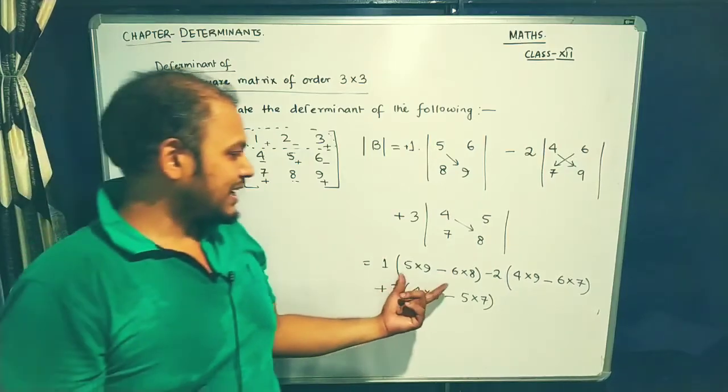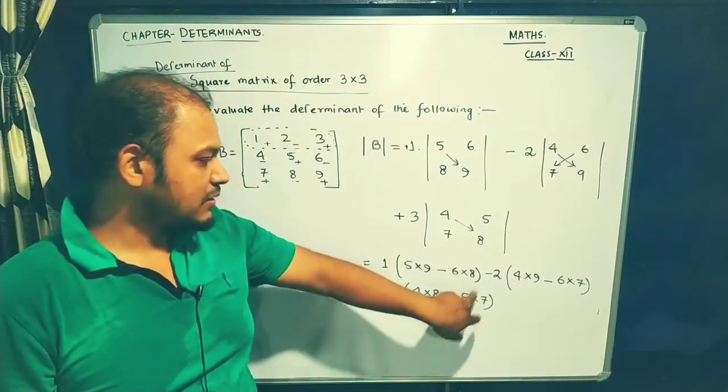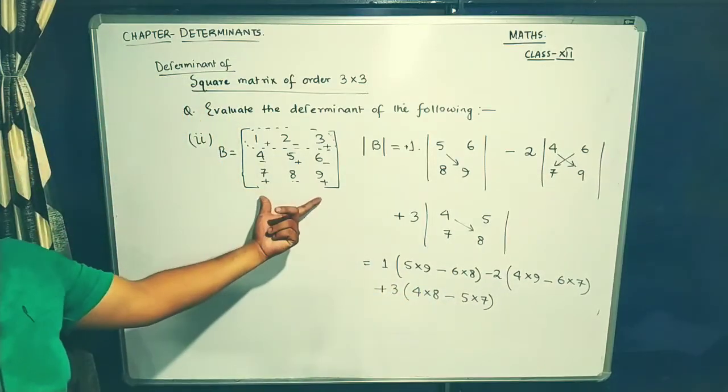Okay, so you can calculate it at home and find the result. So whatever number you will get after simplifying it, that will be the determinant of this matrix.